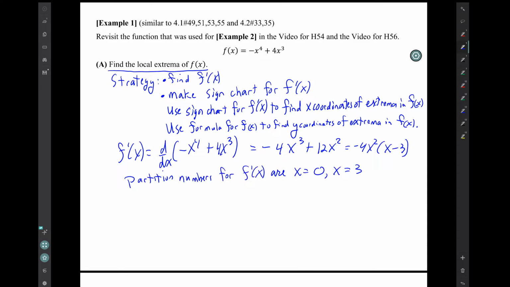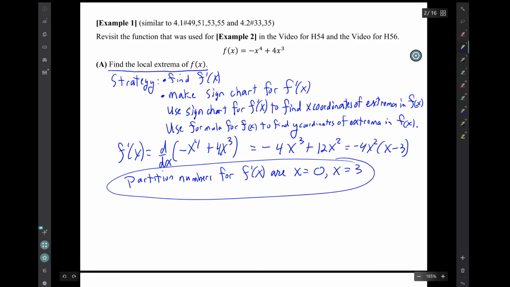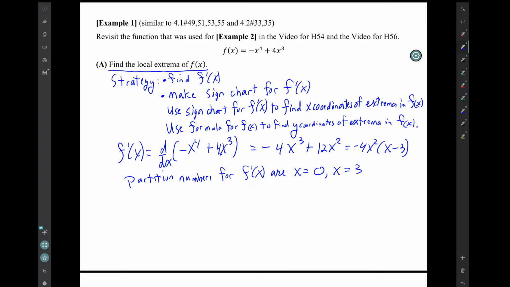So we found f prime, we factored it, and we can see that the partition numbers for f prime will be x equals 0 and x equals 3. So we'll make a sign chart. We've done all this before, so I'm going kind of quickly.